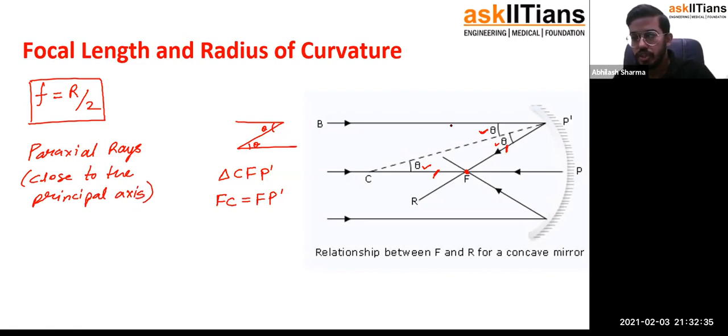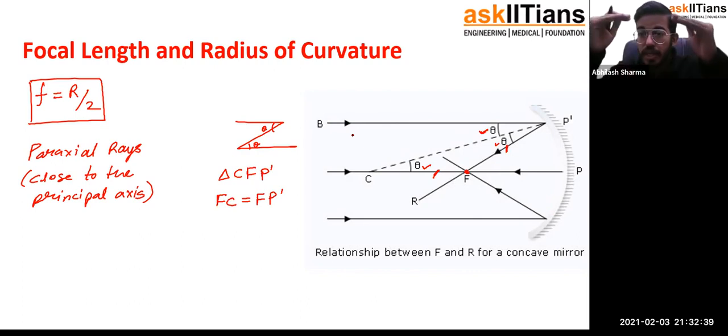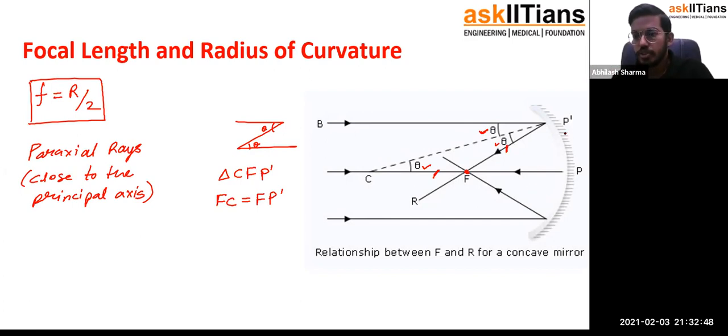This ray which you see here, BP prime, is actually very close to the principal axis. While drawing, we draw it so far away, but actually it is very close. And if the ray is very close, then P prime and P are also very close to each other.